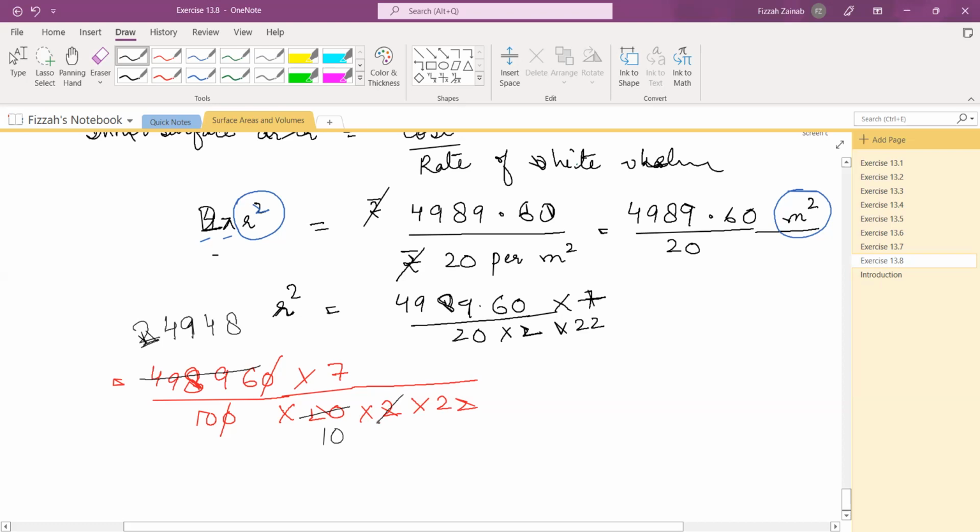Now again I can cut this 2. 2 into 1 and then 2 into 1, 2 into 2, 2 into 4, 8 and 7 and 4. Right? Okay. Then again 2 into 11 and 2 into 6, 2 into 2. Okay.